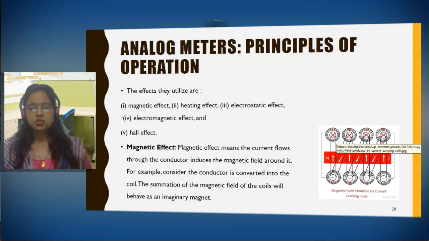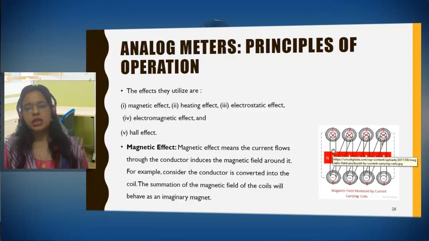The conductor starts behaving like a magnet, with its own positive and negative field. The summation of the magnetic fields of the coils will behave like an imaginary magnet. There will be a number of coils, so a number of magnetic fields, and the sum of all those will behave as if it is itself a magnet. This effect is used in analog meters.